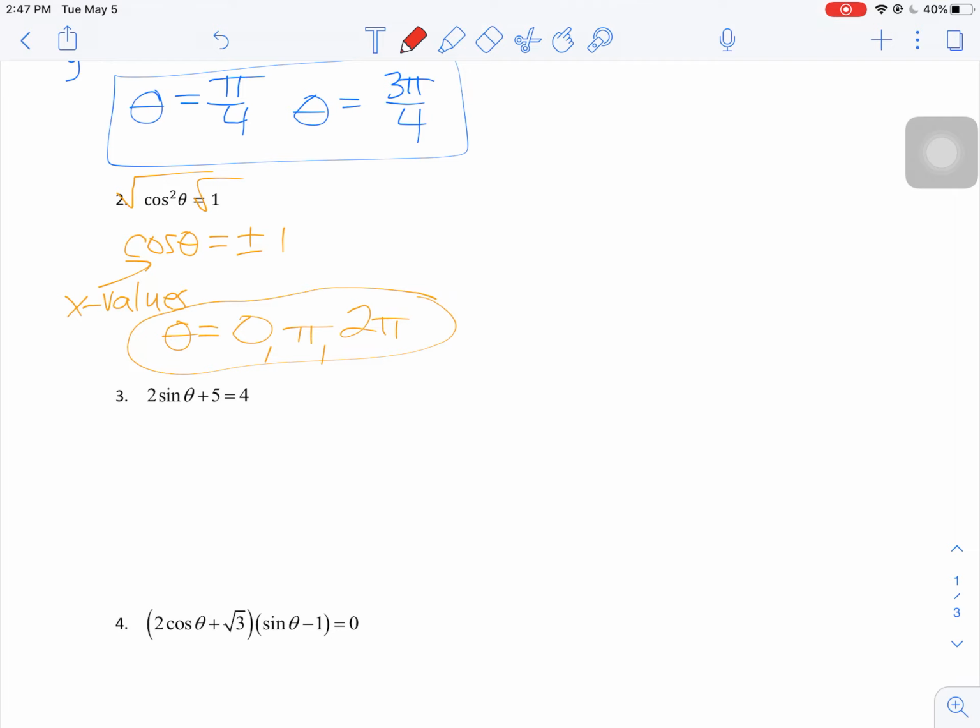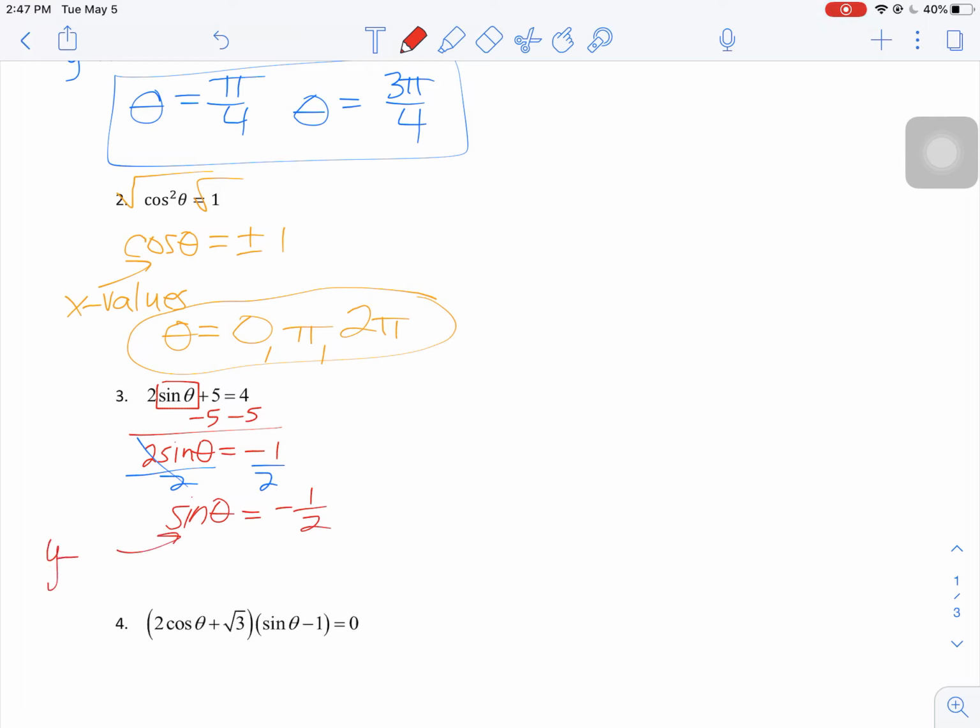On number 3, we want to isolate sine theta by doing order of operations backwards. So we're going to subtract 5 from both sides of the equation. And then we're going to undo multiplication by doing division. So then we're left with sine theta equals negative 1/2.